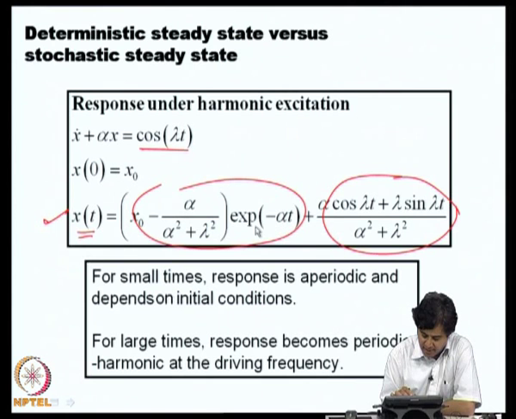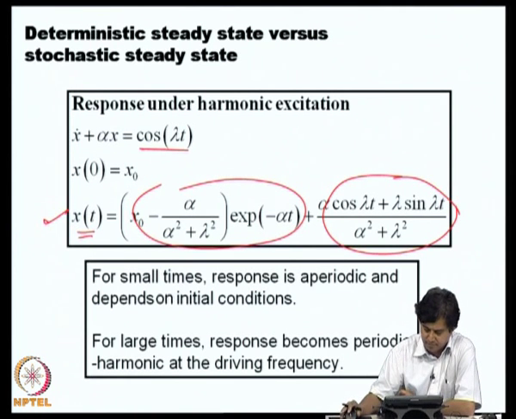As time becomes large, this exponential alpha t starts decaying and this term goes to 0 and we reach the harmonic steady state. So, there is a good analogy between harmonic steady state and stochastic steady state: what is transient here is non-stationarity there, what is harmonic steady state is stationarity.